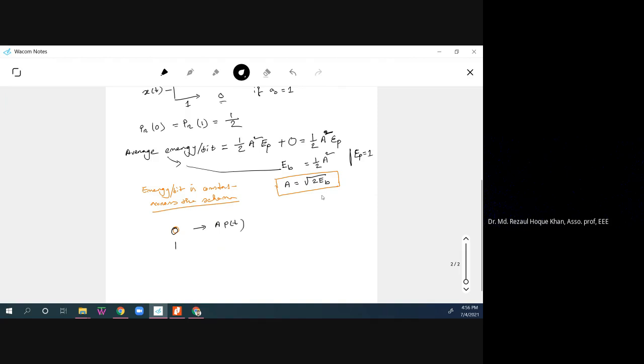If it's 1, these are information bits, then 0 PT, which is actually 0. So here both the waveforms differ in amplitude, that's why this is called amplitude shift keying. From there the name arises.